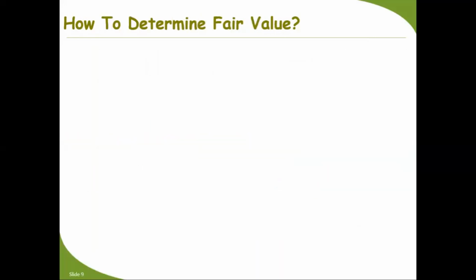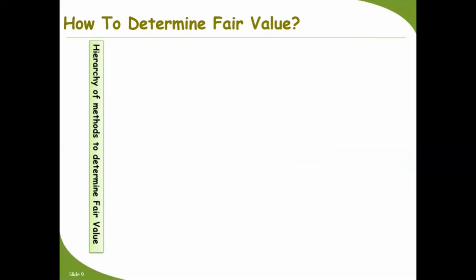Now, how to determine fair value? IFRS 13 gives you the guidelines about the hierarchy of methods to determine fair value. You are expecting questions about this area, but don't overlook the basic definitions and the discussion I have had with you so far.